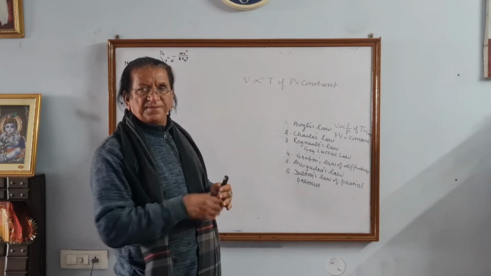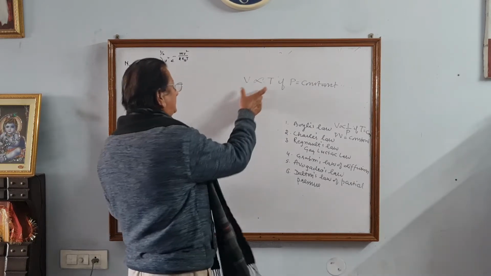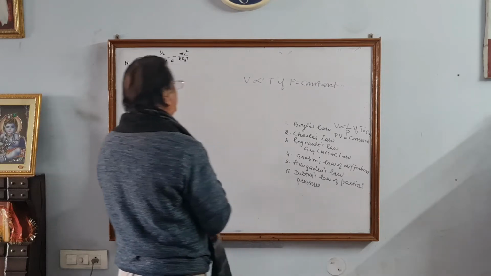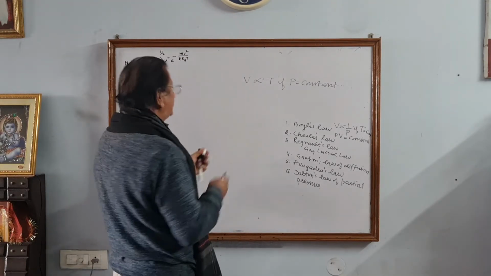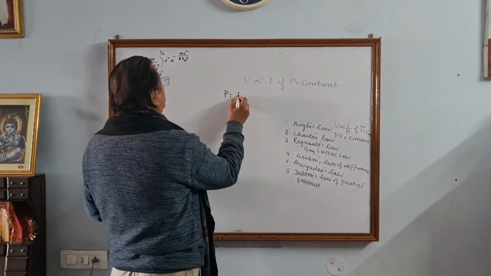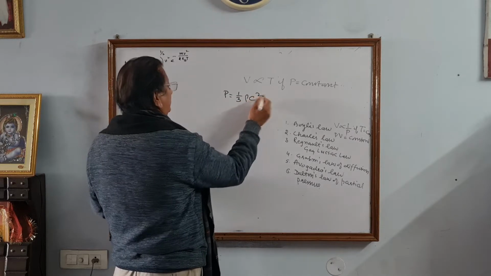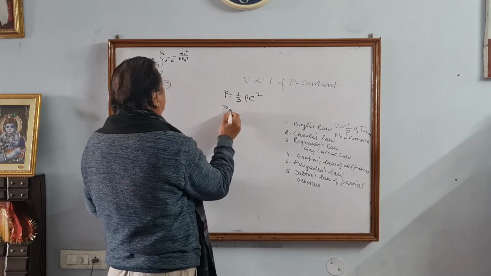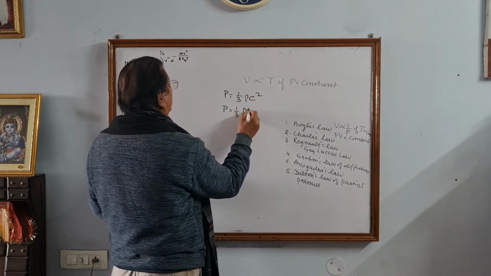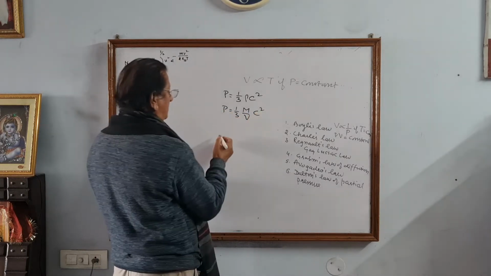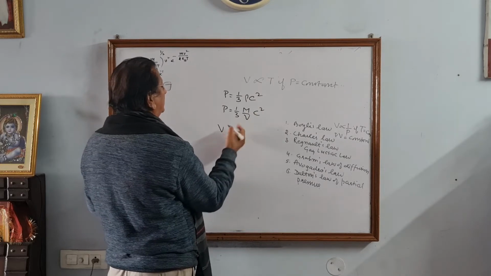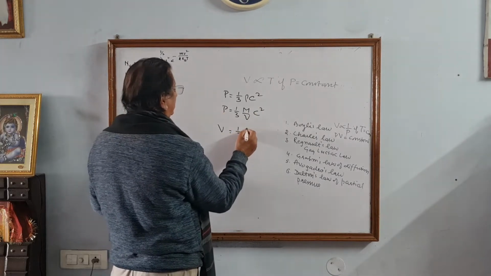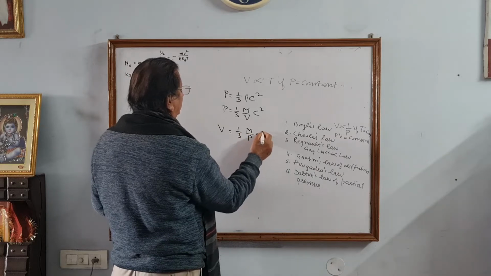proportional to temperature. So how to derive this relation from kinetic theory? This is kinetic theory. P is equal to 1 by 3 rho c square. So P will be equal to 1 by 3 m by V c square. V to take on this side, m by P c square.